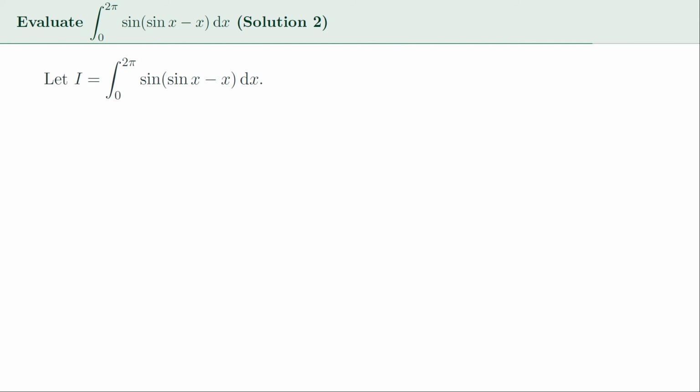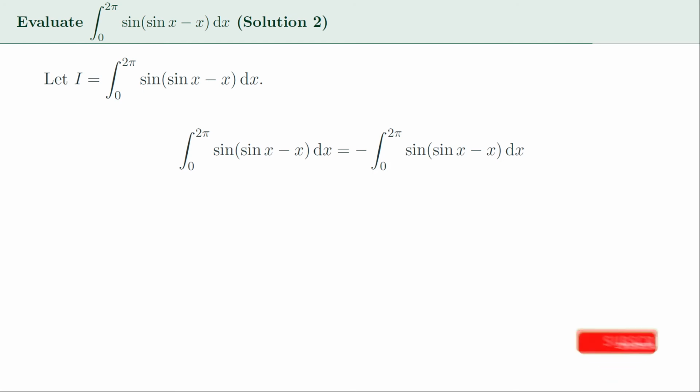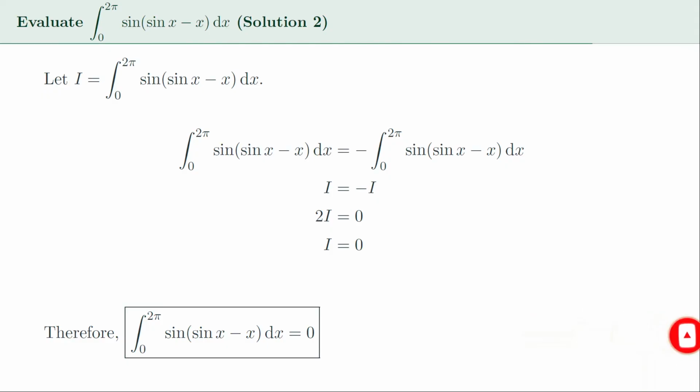So if we let I be the original integral, we have I is equal to negative I. If we solve for I, that gives us I is equal to 0, which means that the integral of sine of sine x minus x from 0 to 2 pi is equal to 0, which is similar to what we got in the first solution.